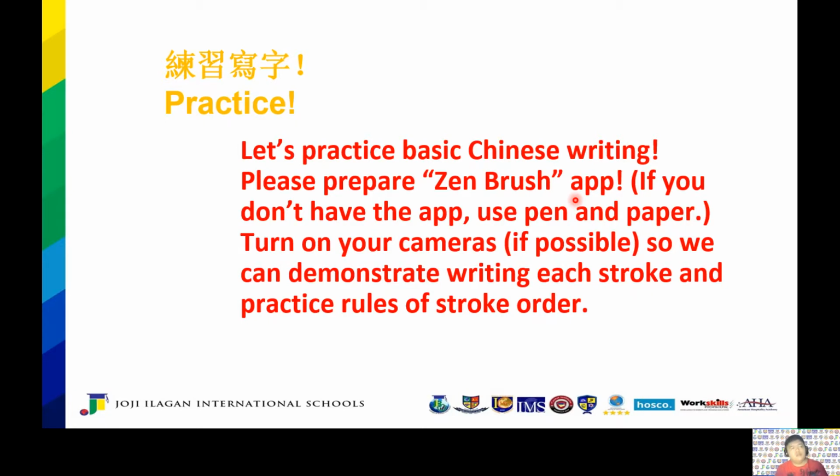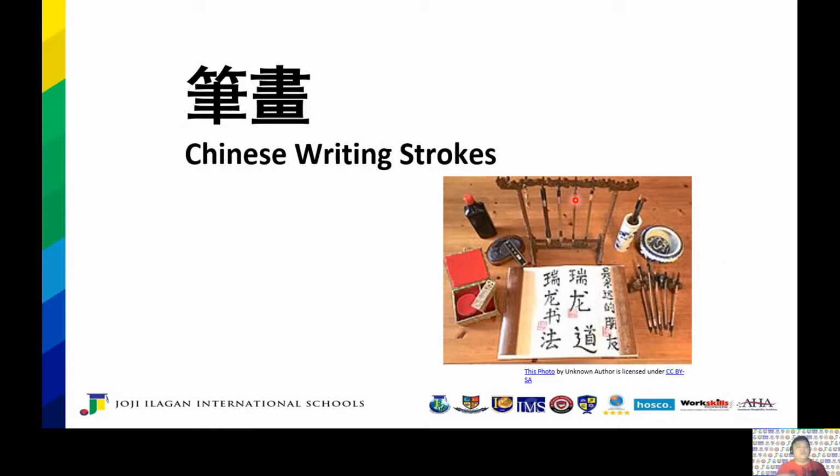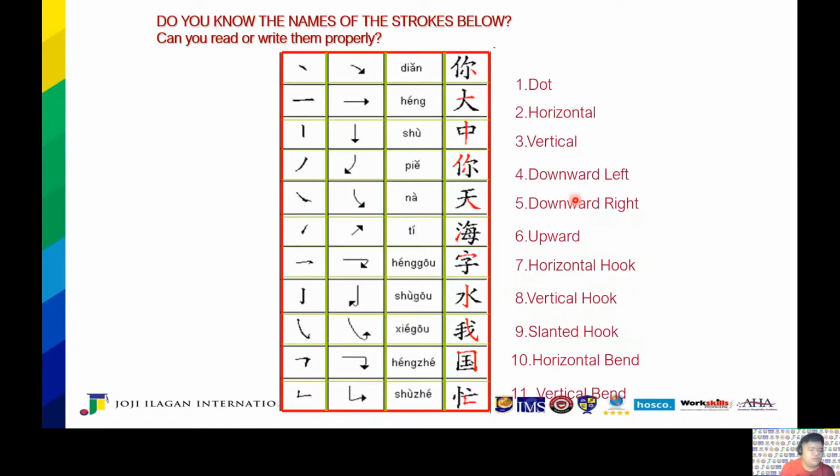But later on, if we have an exercise, we'll ask you to turn on your camera if we meet you synchronously. Okay, let's practice writing Chinese strokes. Again, I'll be switching back and forth from the PowerPoint and showing you the app called ZenBrush, if we have the time or we have the resources.